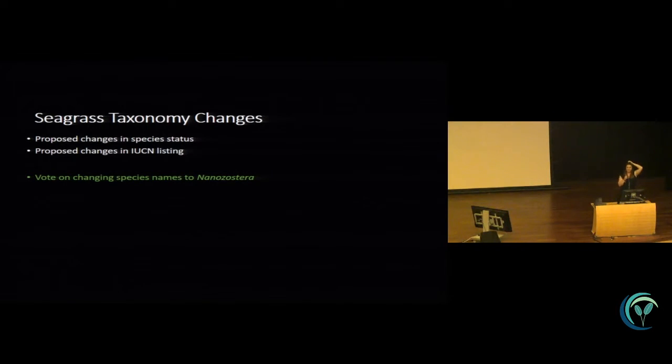I'm sorry, I have a question. Yeah, please. What are the implications of changing the species name? That's a great question. Absolutely none. Other than a lot of paperwork for people who manage policy and collections institutions, and making it almost impossible for us to know in a paper whether someone who worked on Nanozostera in 50 years' time was talking about the same thing as Zostera today.